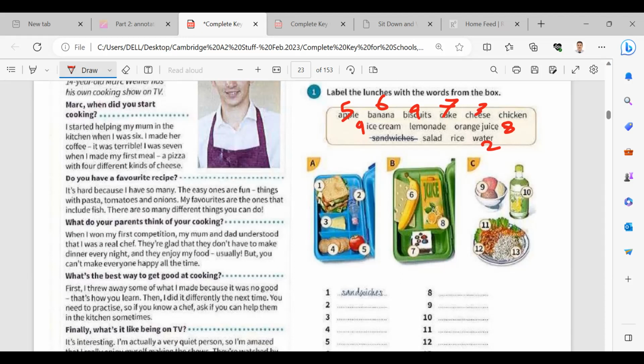Yes, lemonade. What's 11? 11, salad. Yes, 11, salad. 12, chicken. And finally, 13, rice.